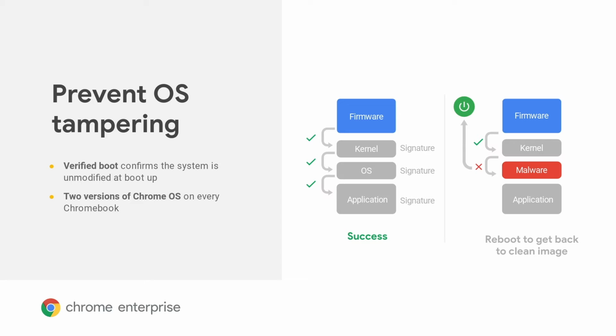So in this example here, if the OS was to be tampered with, it would not pass verified boot. When it doesn't pass verified boot, the device is not booting and the data is not available to users. And at that point, the device either needs to be re-imaged or wiped so it can be restored to factory defaults.